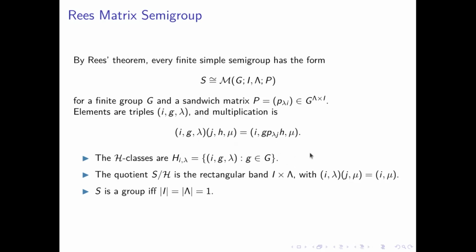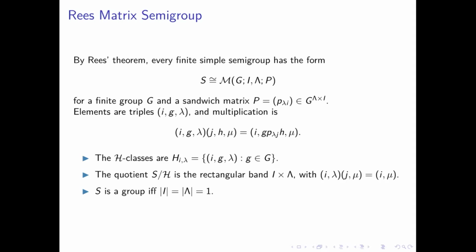What's interesting about this is that the H classes are the sets of elements with indices I and lambda. The quotient S modulo H is a rectangular band, because if you quotient, the group elements coalesce.